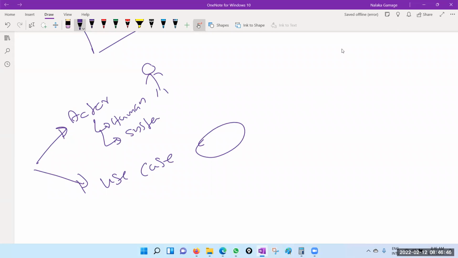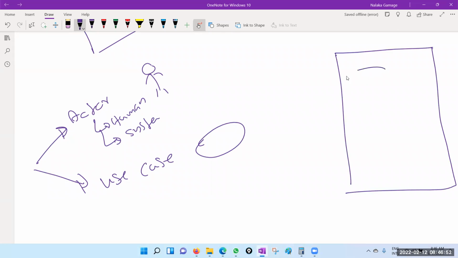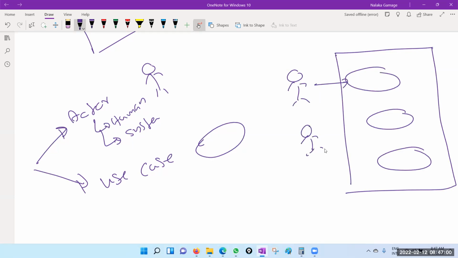Okay. Then you represent your system as a sort of system boundary like this. Then you have the different use cases which are initiated by actors. Something like that. Okay, you can draw on the other side also if you're running out of space.